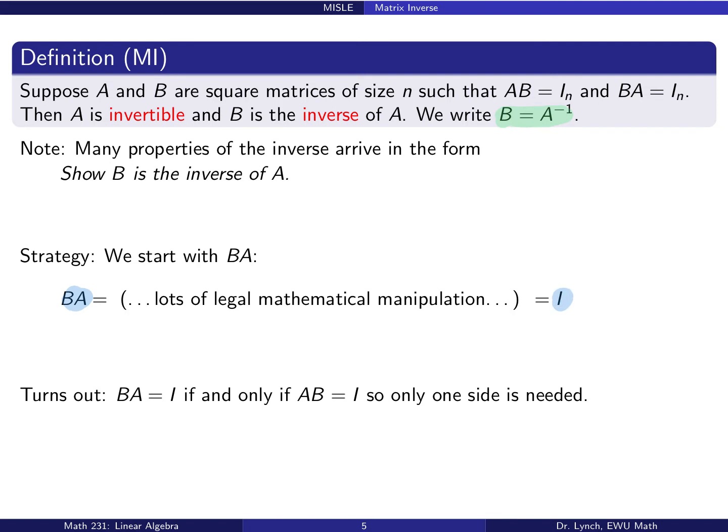And that's how we show that a matrix is the inverse of another. As we'll see in our next section, it turns out that BA is the identity if and only if AB is the identity. So we really only need to check on one side to verify that a matrix is the inverse of another.